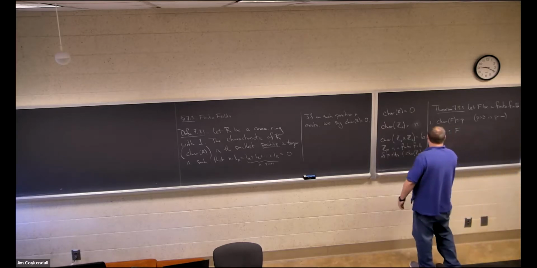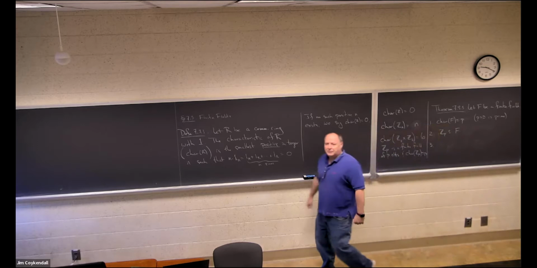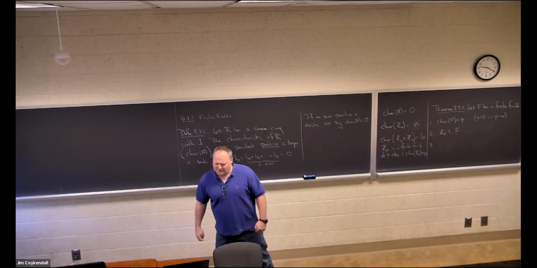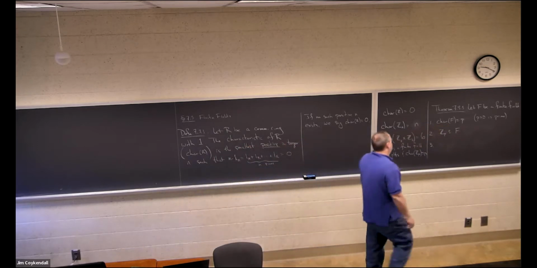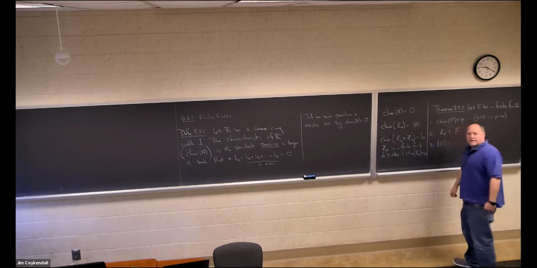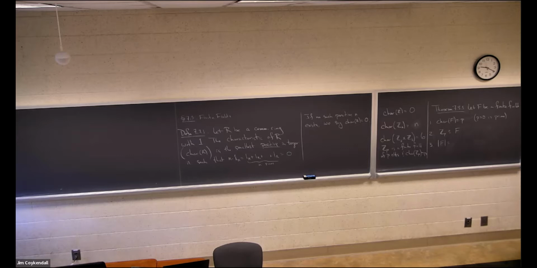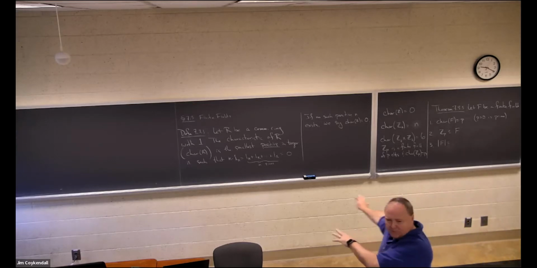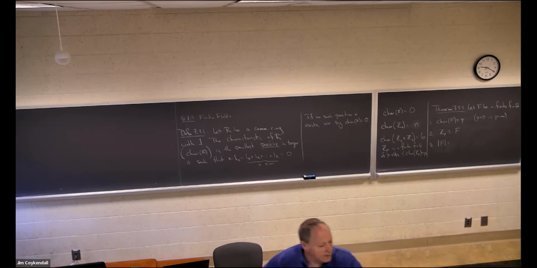And number 3, and this is kind of the interesting one here. How many elements can there be in a finite field? I left you with the teaser last time. I said, see if you can find me a finite field with 4 elements, because I know I can find a finite field of p elements for any prime p.